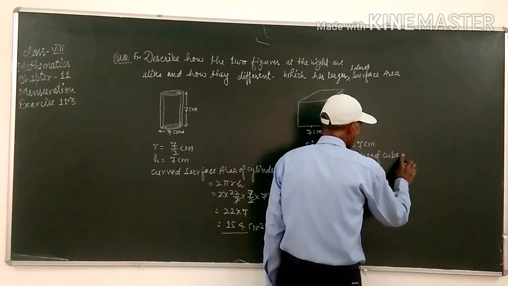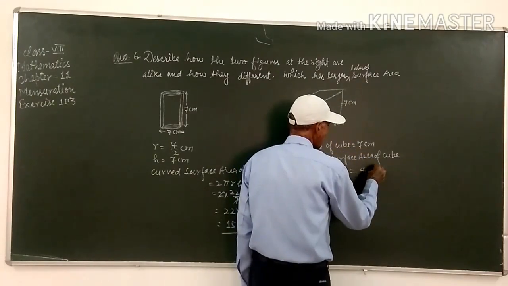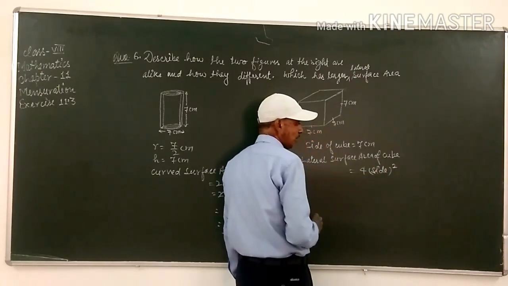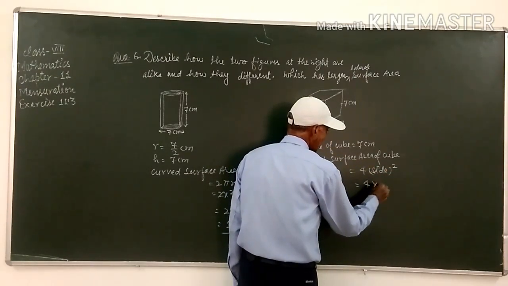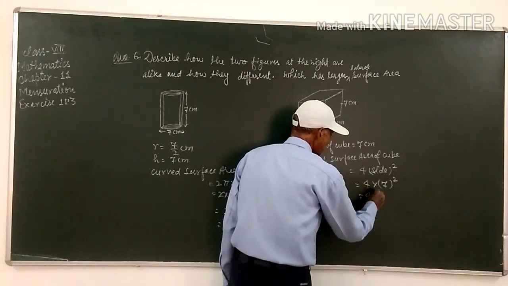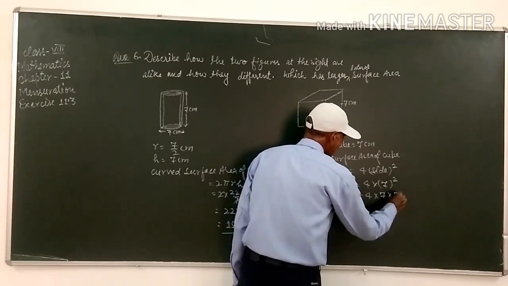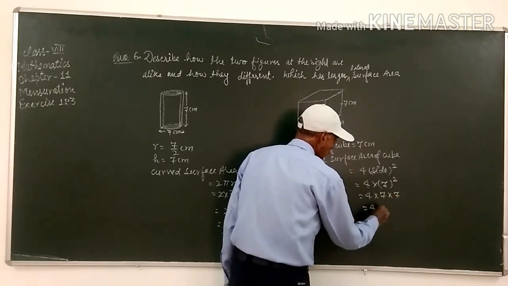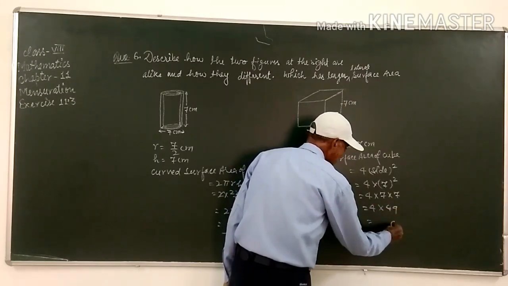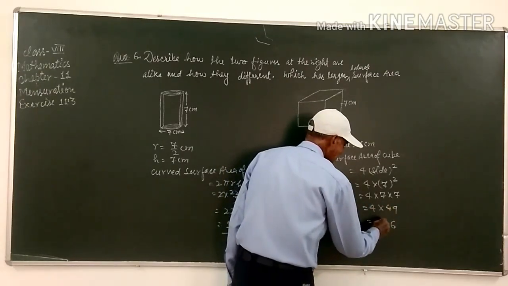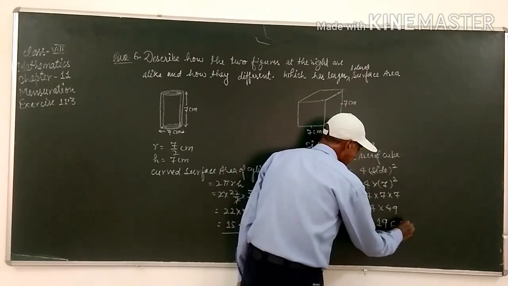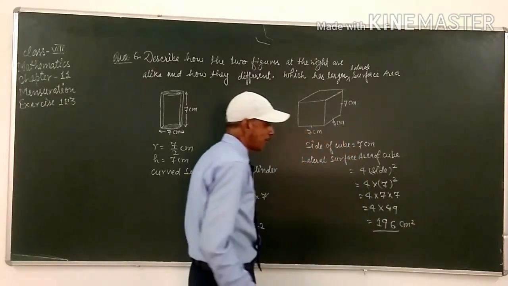Lateral surface area of cube, that is 4 into side square or 4a square, that is 4 into 7 square. So 4 into 7 into 7, students, that is 4 into 49, and it will be 196 centimeter square.